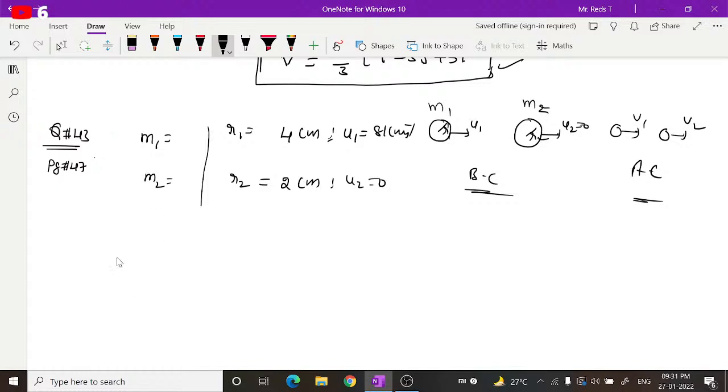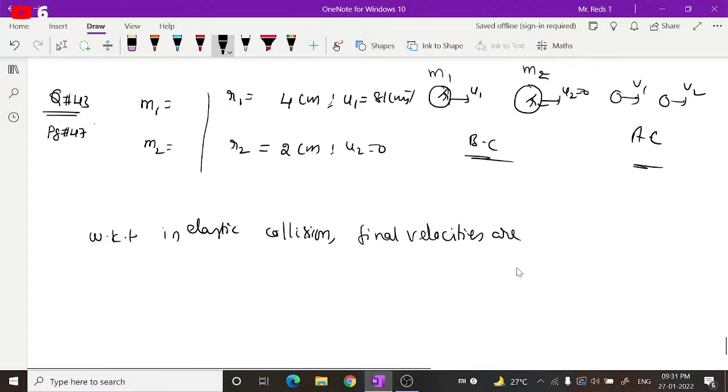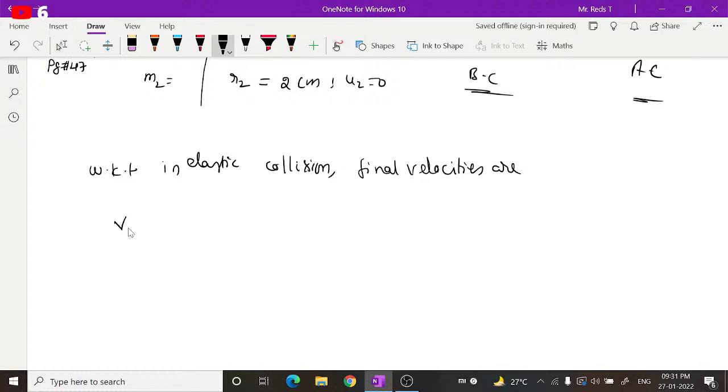In case of elastic collision, the final velocities v1 and v2 are given by v1 equals (m1 minus m2) divided by total mass (m1 plus m2) into u1, plus 2m2 divided by total mass (m1 plus m2) into u2.